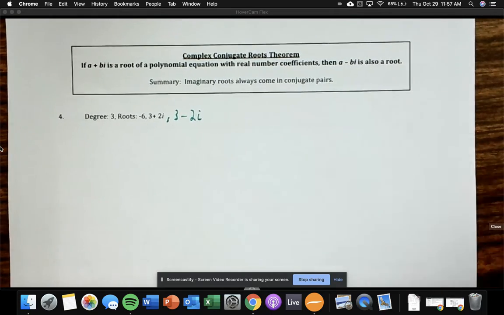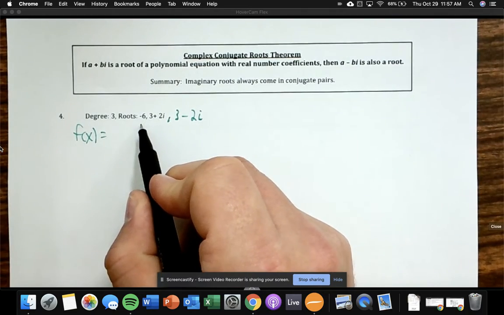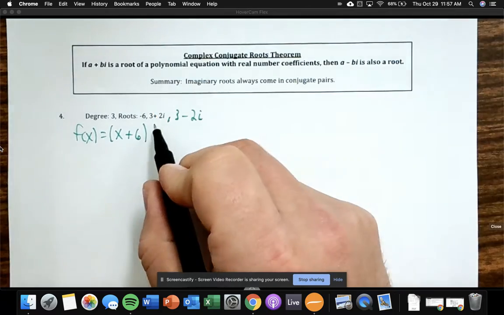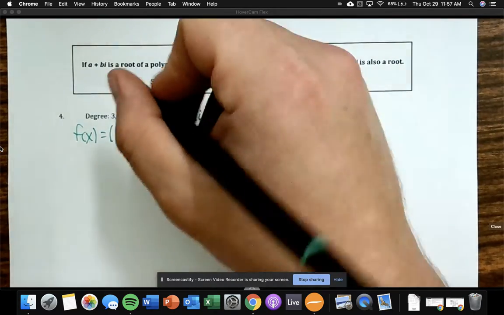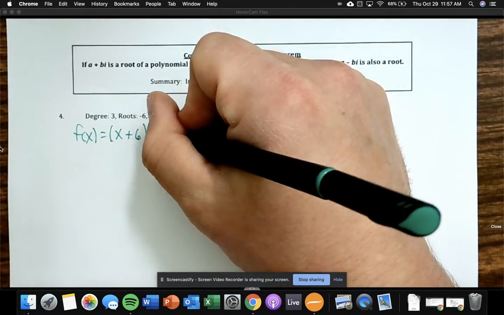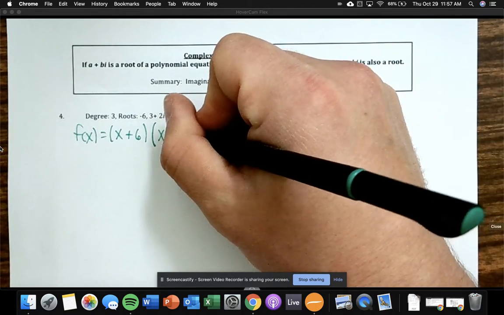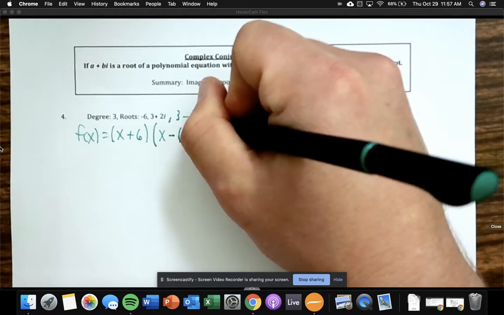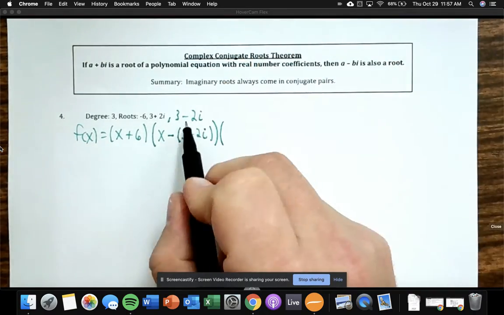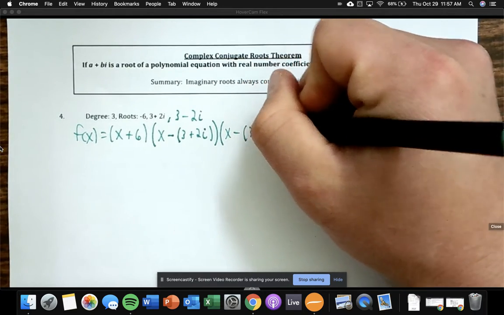So we just have to write that out. Our function then, from this negative 6, we know is going to have a factor of x plus 6. And then this is where it gets a little different. We're going to have a factor of x minus this whole entire root here, so 3 plus 2 times i. And then we're also going to have one for its conjugate, x minus 3 minus 2 times i.